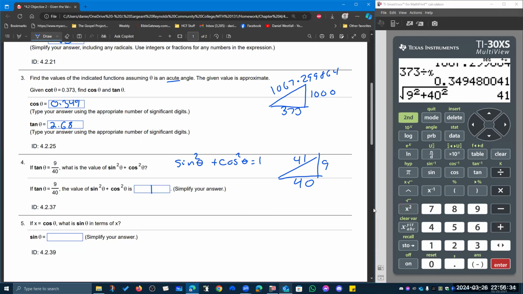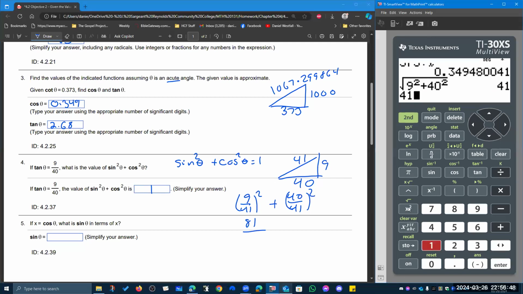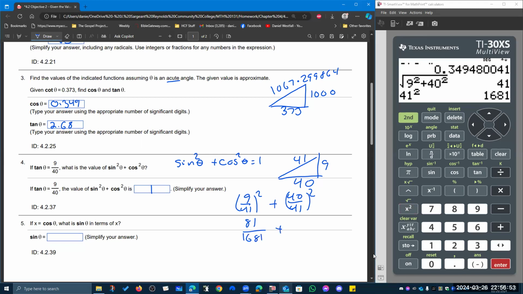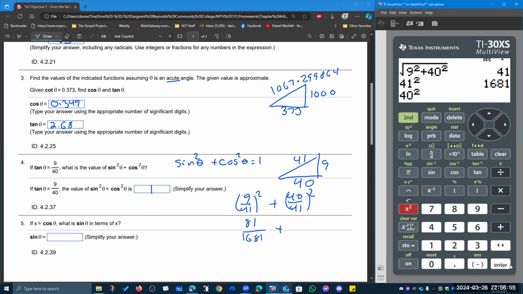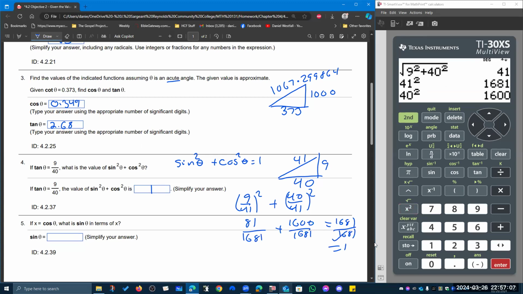And then sine is 9 over 41 squared plus 40 over 41 squared is 81 over, let's see, 41 squared is 1681, plus 40 squared is 1600, over 1681, is 1681 over 1681, which is 1, just like I expected it to be.